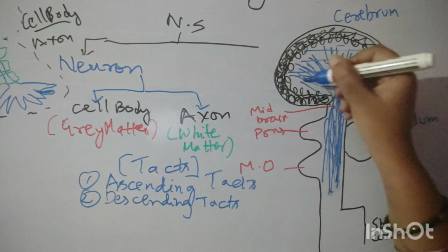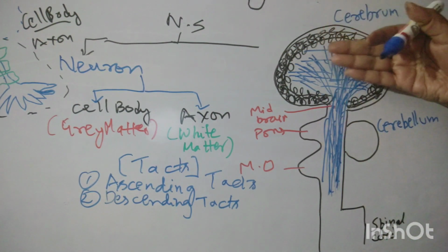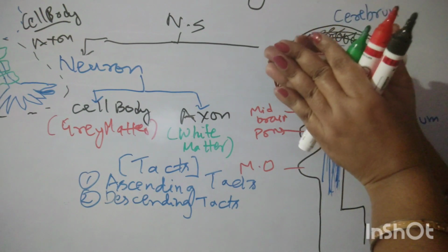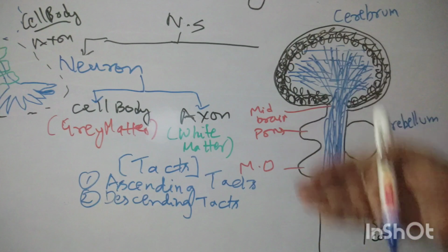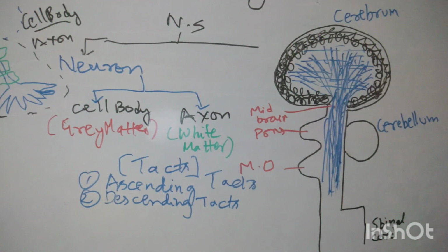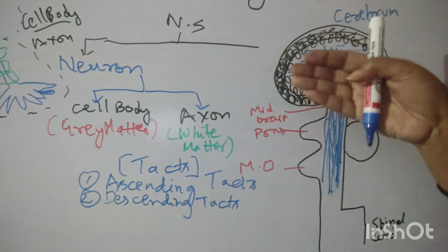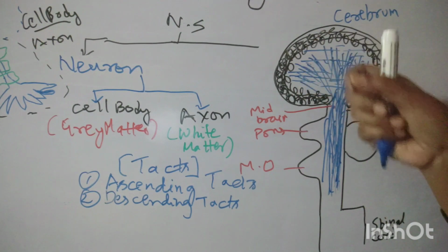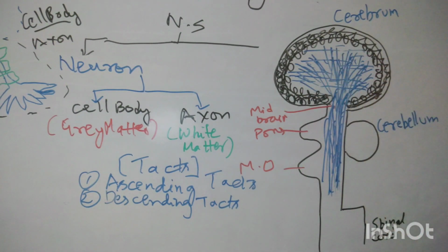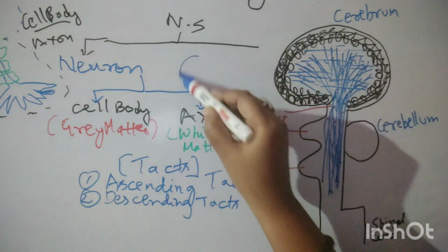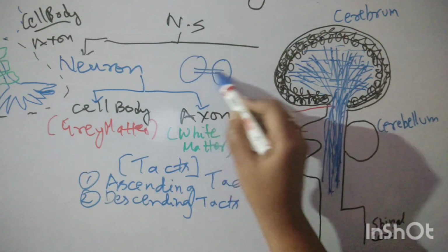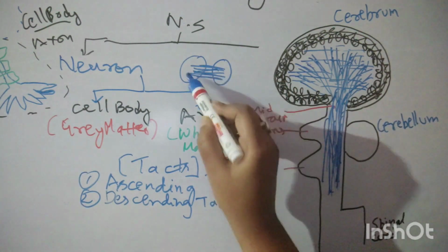And there are some fibers which will cross. This is one part of the brain. Brain will be like this. I have drawn a single part. This is the sagittal section. One part is there, another part is hidden. So there will be fibers which will connect both the parts of the cerebrum, the cerebral hemispheres. That is two parts. Means the cerebral hemisphere will be like this, right? So fibers will be crossing like this.